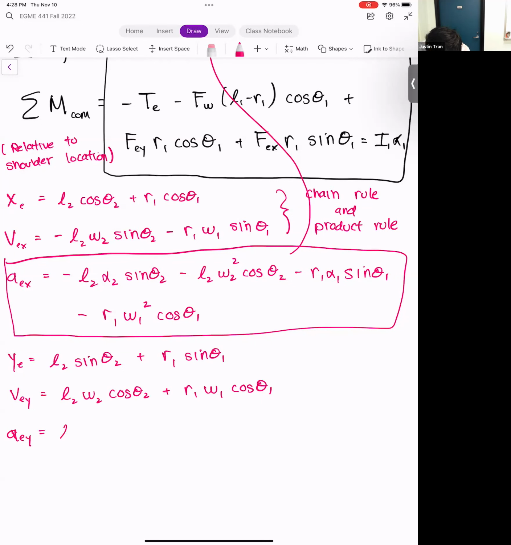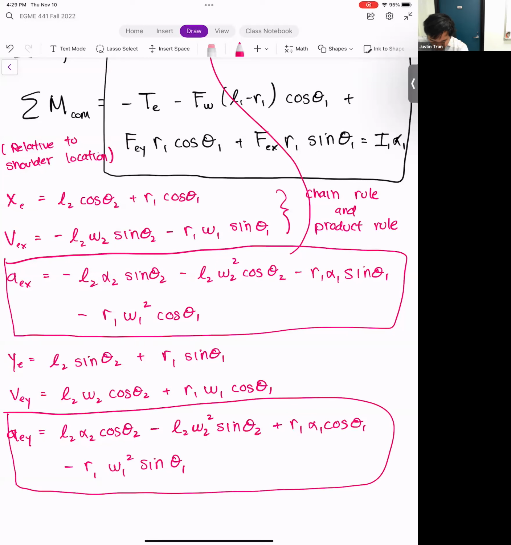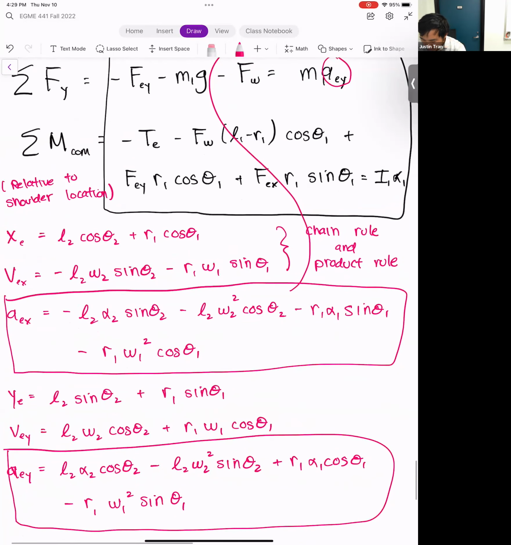And then AEY is L2 alpha 2 cosine theta 2 minus L2 omega 2 squared sine theta 2 plus R1 alpha 1, and so on. Okay. And then you would take this expression here and plug it in for AEY.